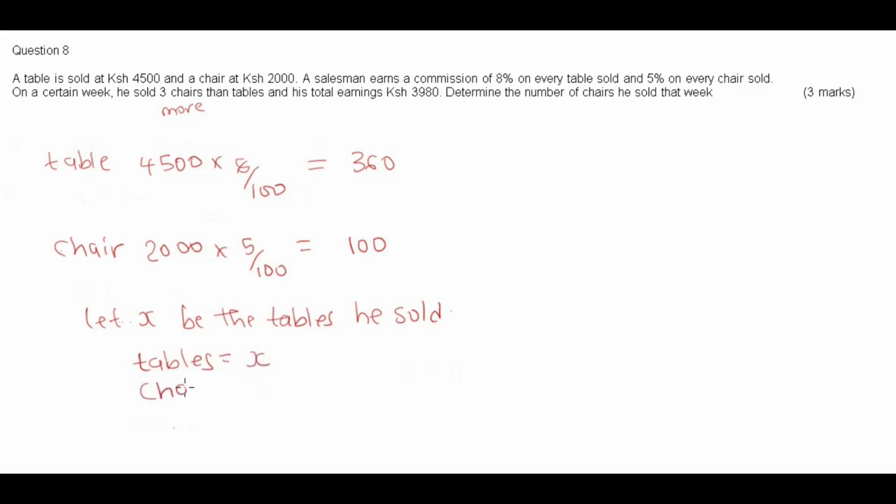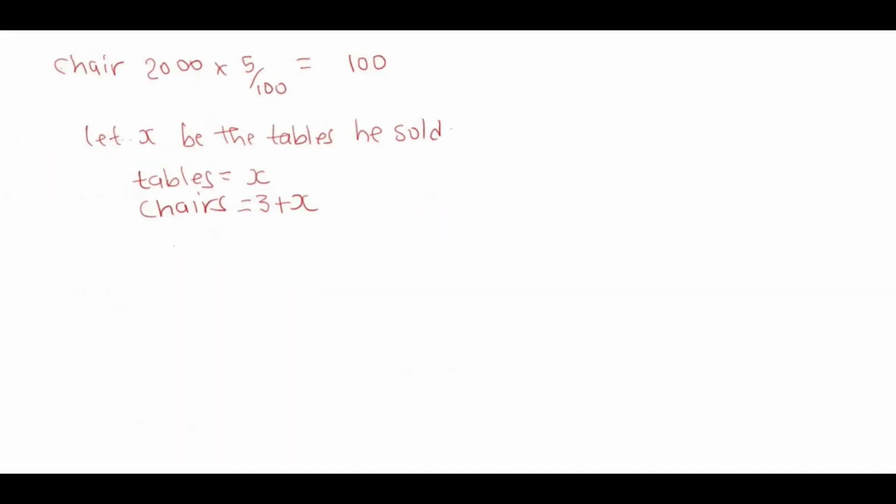Chairs, because he sold 3 more chairs than tables, chairs will be 3 plus x, because he sold 3 more chairs than tables. Okay, on a certain week, so that let's work out how much he made on that week.